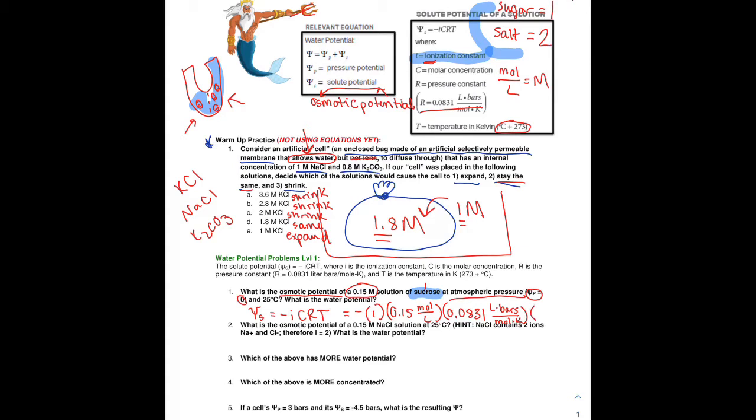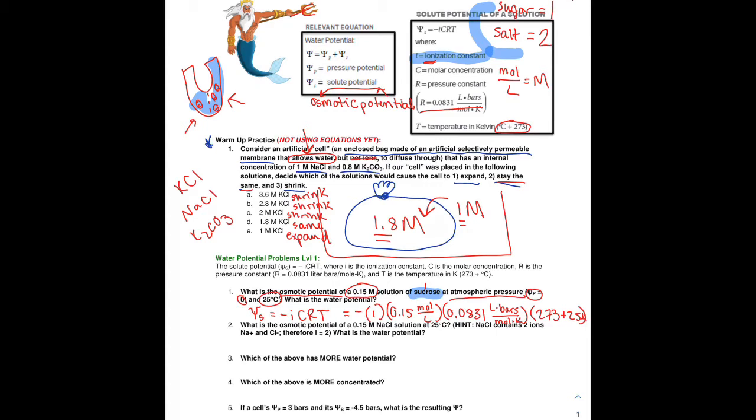And the last thing is our temperature, which is 25 degrees Celsius, but we don't need it in Celsius, so we'll say 273 plus 25, and that'll be Kelvin.